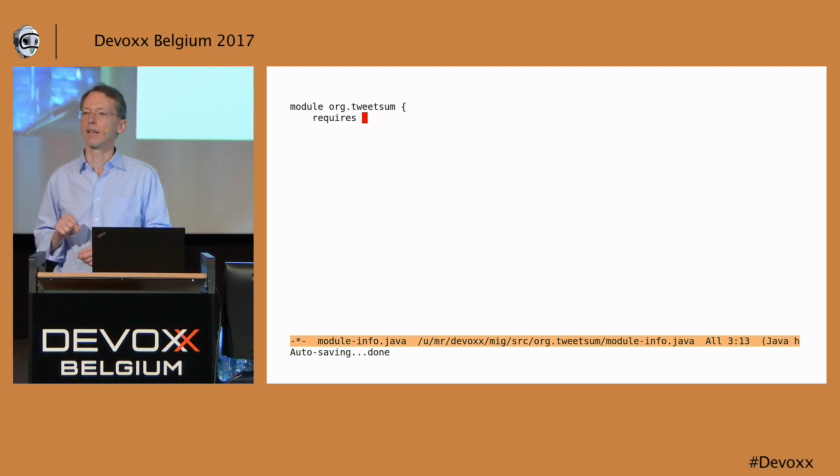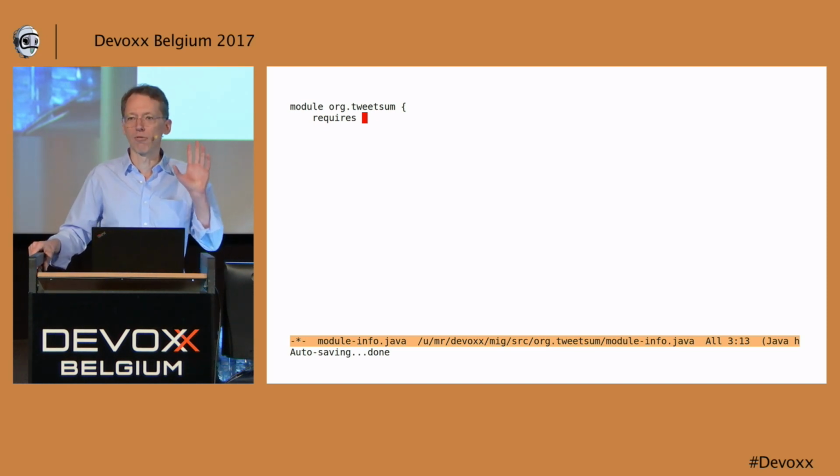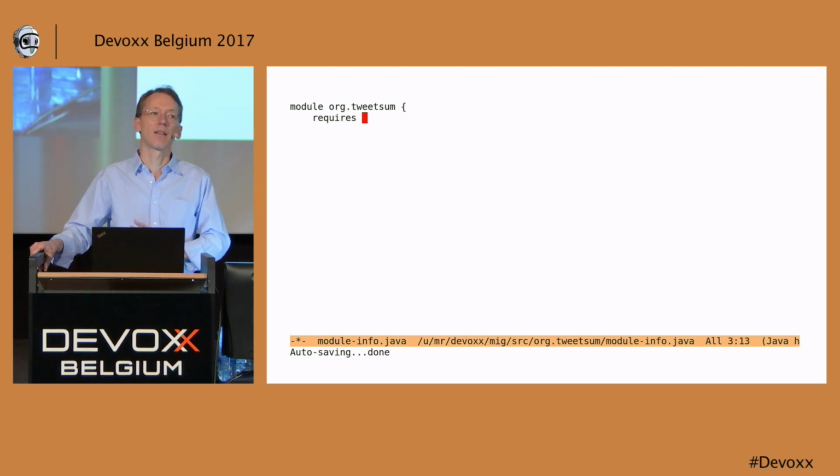Alex mentioned these yesterday. Automatic modules are a way of treating a regular old jar file, without changing it at all, as long as it's reasonably clean and consistent, as a module. Instead of leaving it in a lib directory and putting it on the class path, you can put it on the module path at both compile time and runtime.